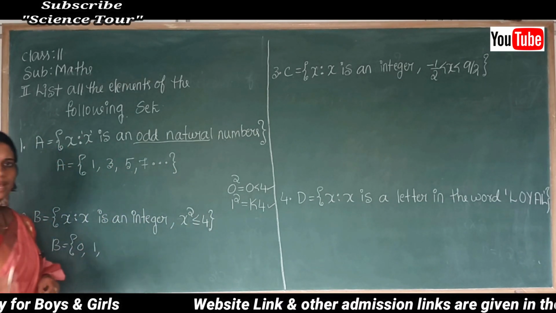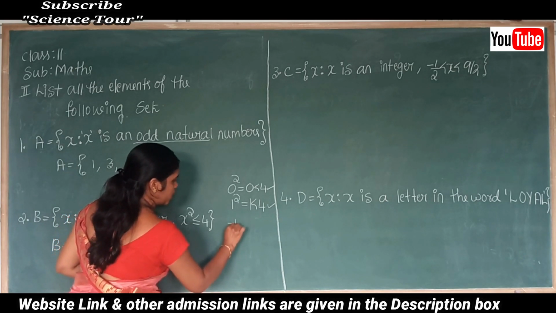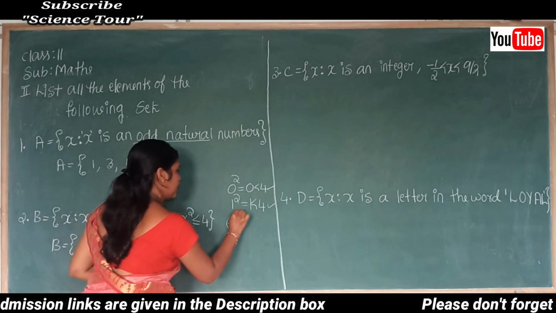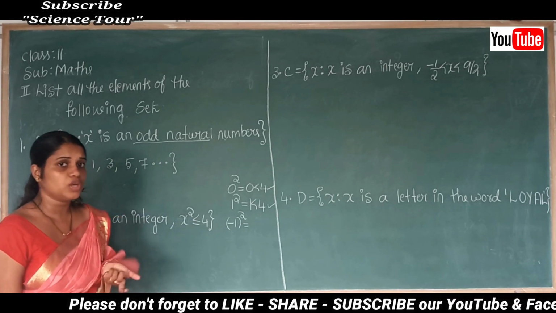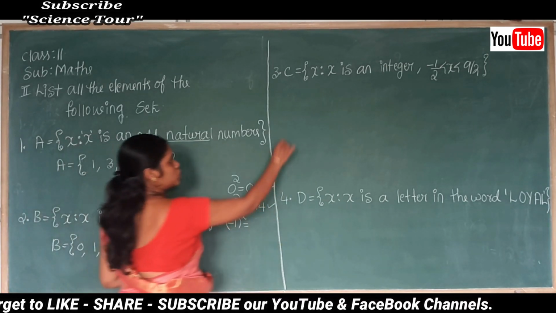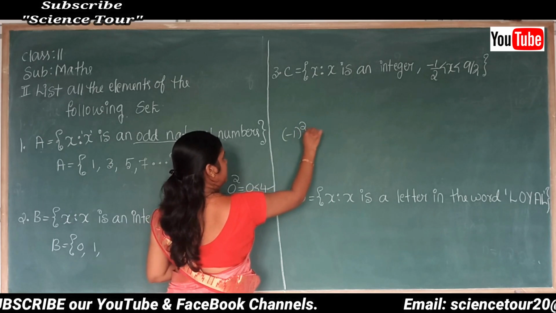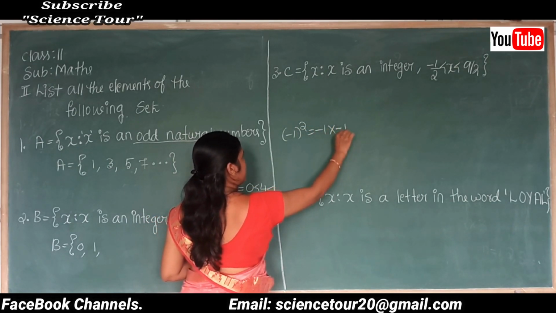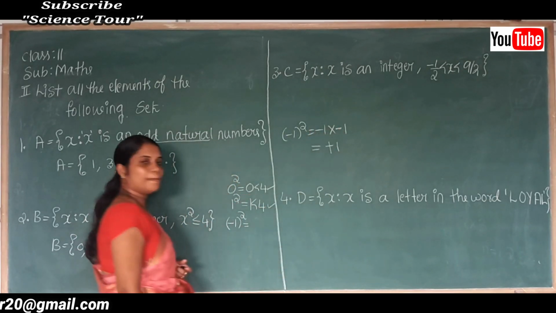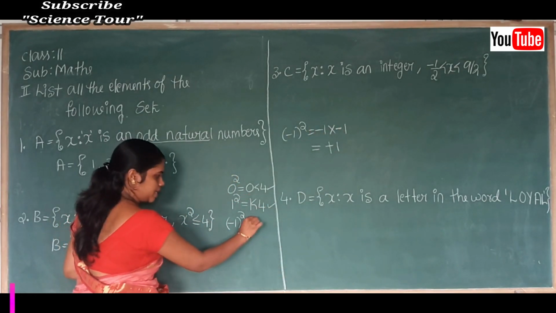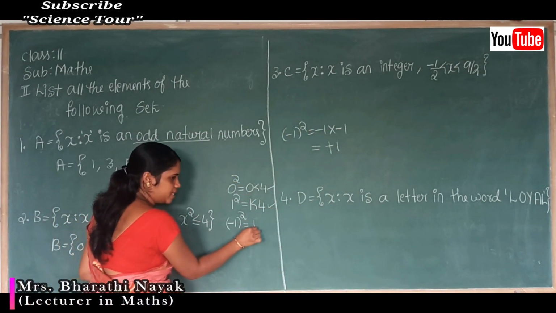Next I will consider minus 1. I will choose minus 1. So minus 1 whole squared. What is the value of minus 1 whole squared? It is nothing but minus 1 into minus 1. Minus into minus is plus, so you will get plus 1. Again 1, is this 1 less than 4?